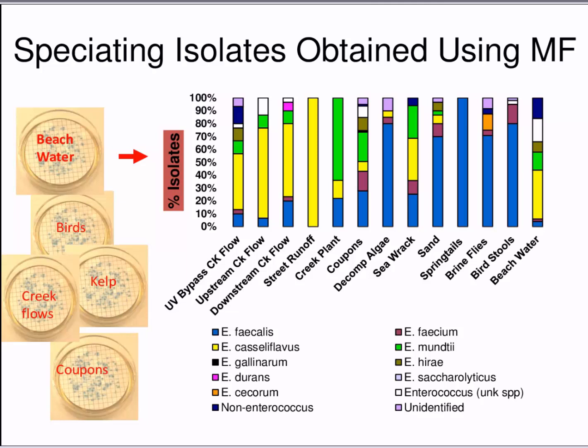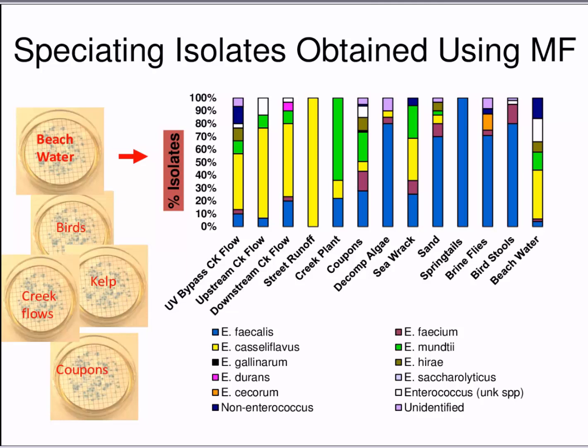So we did some speciation work to look at the actual distribution of the different Enterococci species in these different samples. So in the bar graph, what you see is the percent isolates, that's on the left. The bottom shows the different types of samples that were analyzed, and below that you can see the different species of Enterococci and the color that matches what you see in the individual bars.